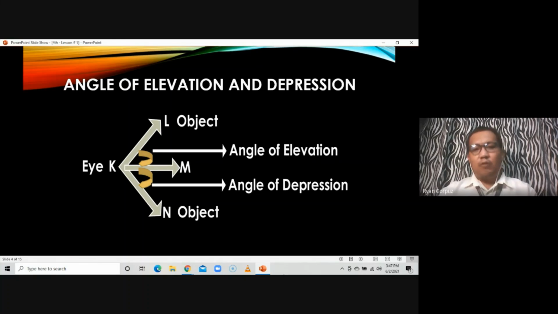So all of those that we mentioned earlier are things that will help us solve real life problems which involve triangles, because those things are only used when a right triangle is given.